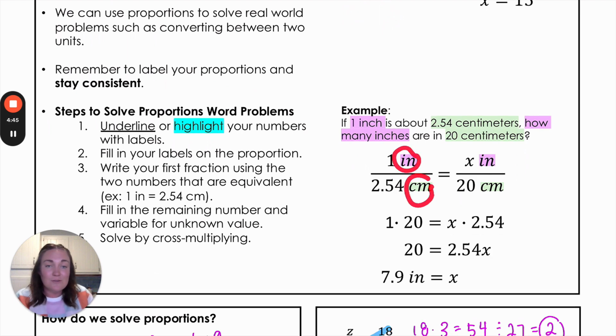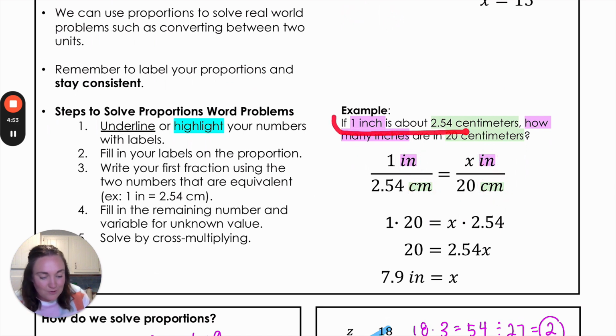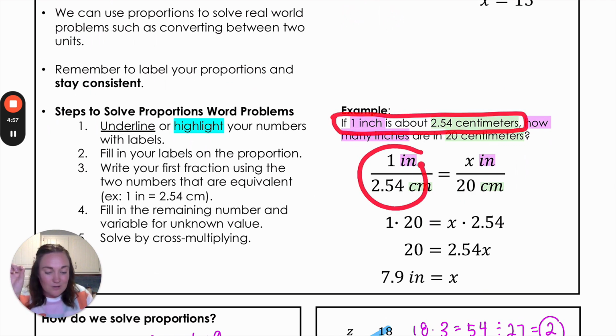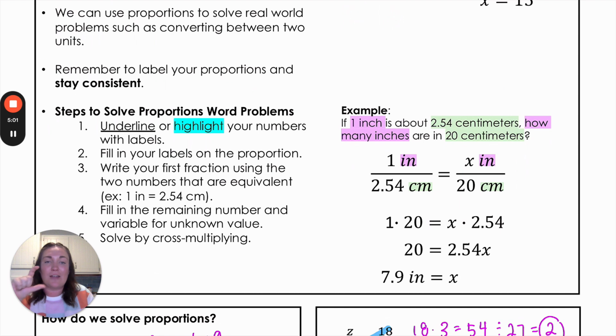And notice in those fractions how they have it set up. Inches and inches are on top, centimeters and centimeters are on bottom. I know that 1 inch is about 2.54 centimeters. So those are those two numbers that go together. That's always going to be my first fraction. So 1 inch is 2.54 centimeters. I know those are equal, so they get to go in a fraction together.